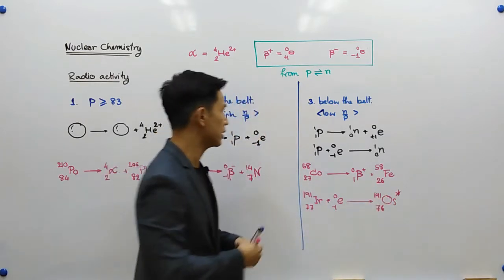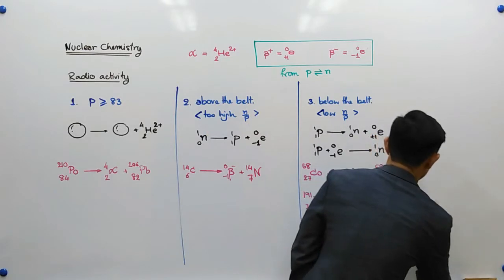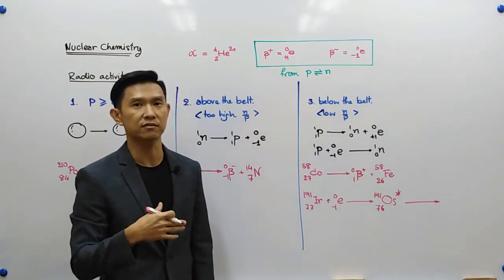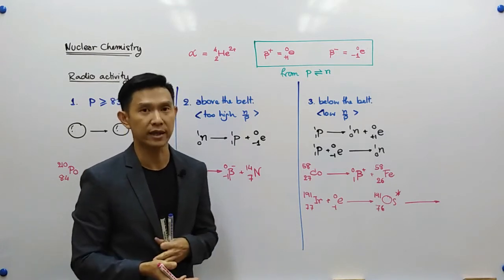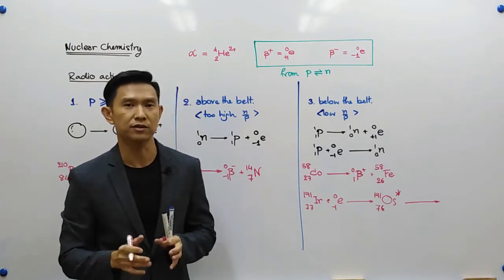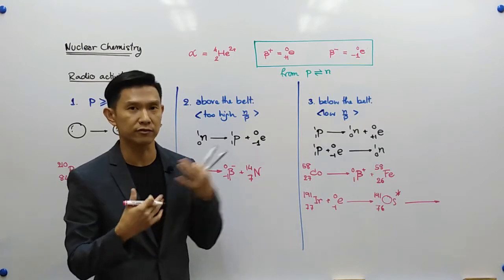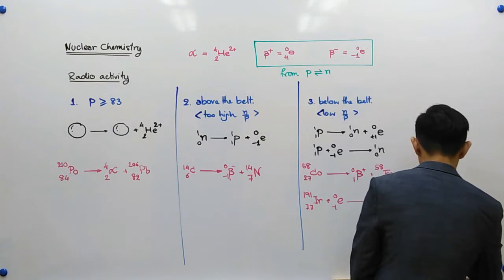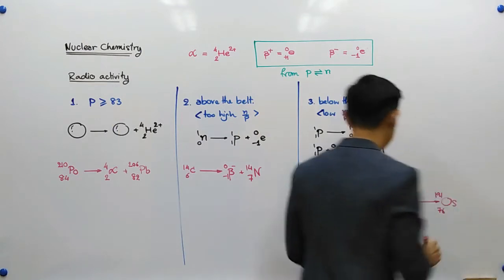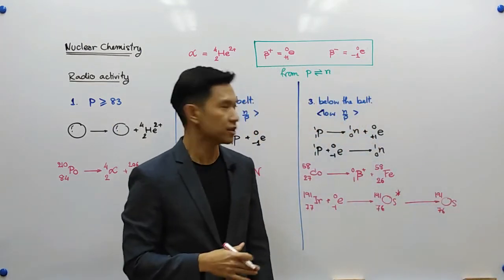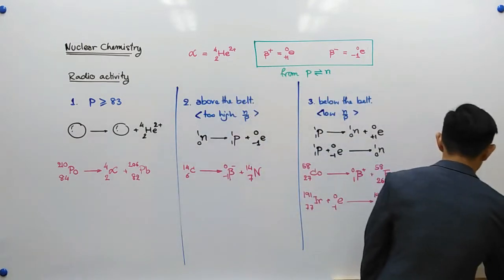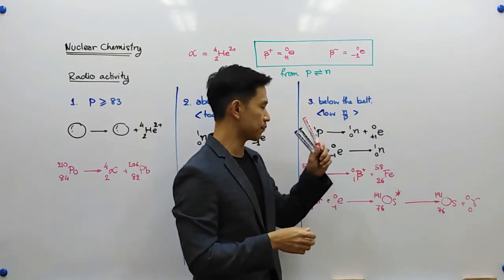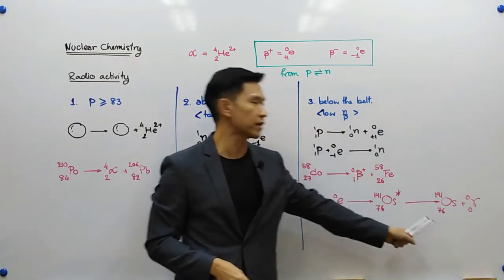So what can happen is your osmium can then release this kind of energy out just as radioactive radiation. So without any particles, it's released as a photon, as radioactive radiation. So it's just like reducing the energy level from the excited state to be more stable. So you just have to release some energy out. So this electromagnetic radiation is called gamma.